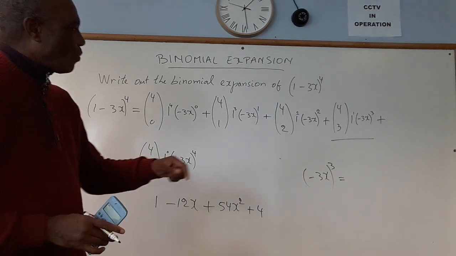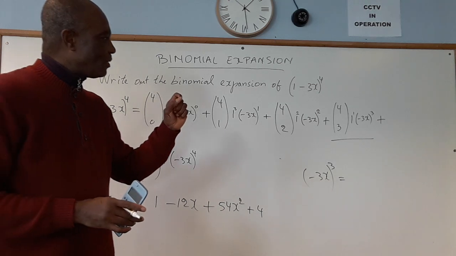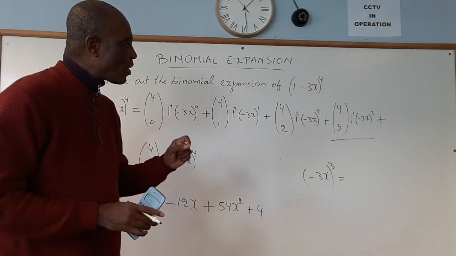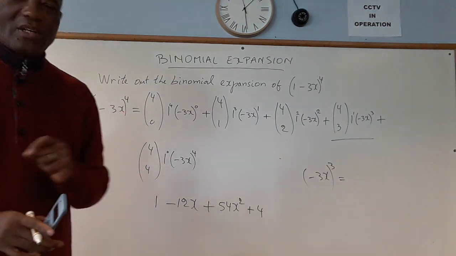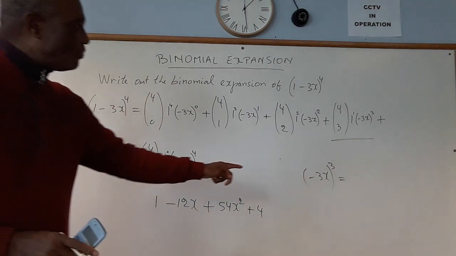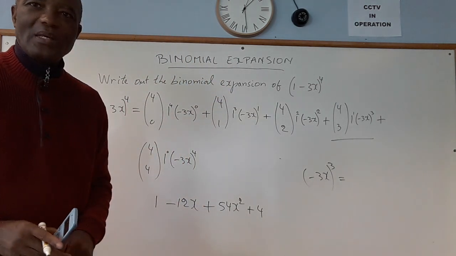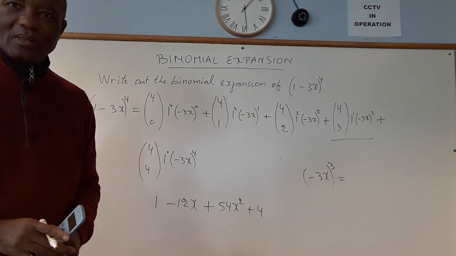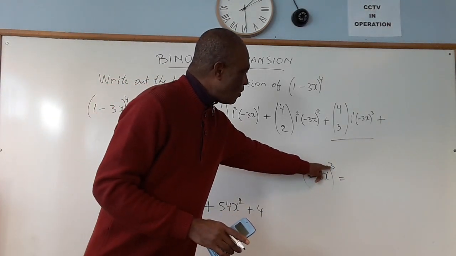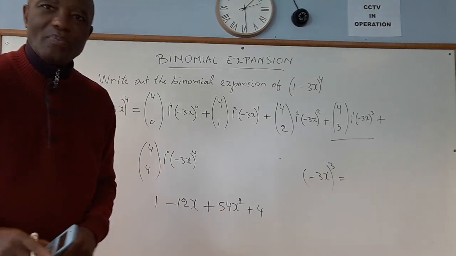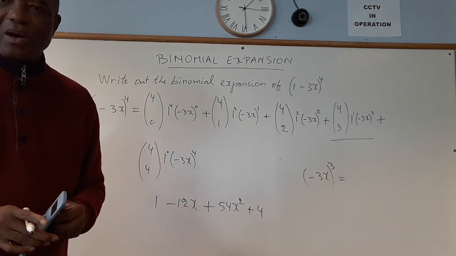So when the power is an odd number, and the number that we have there is a negative number, the result will be a negative number.